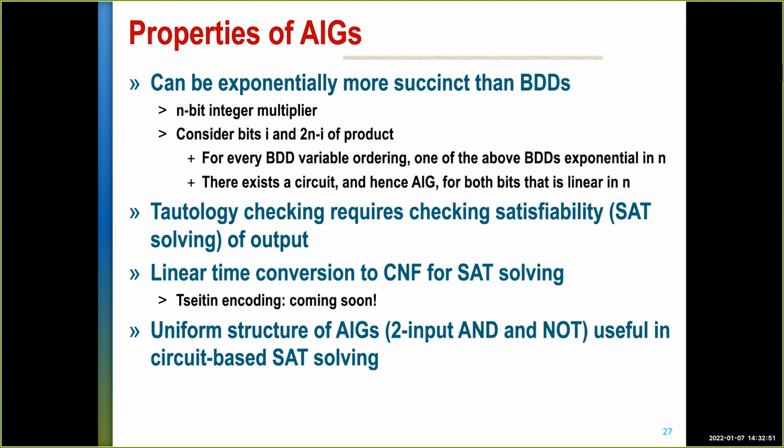We know how to design a circuit which represents the middle bit, and that circuit is at most quadratic in size. Take the usual high school multiplication algorithm. If that circuit is quadratic in size in terms of AND or NOT gates, then I can certainly get an AIG which is the same size in terms of AND or NOT gates. And in fact, in this particular case, I think we can do it even linear in n.